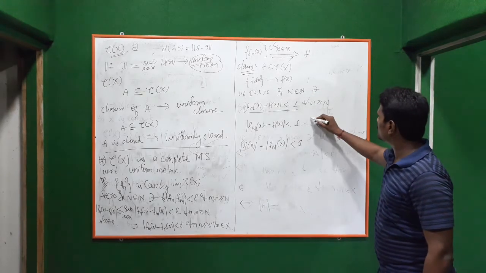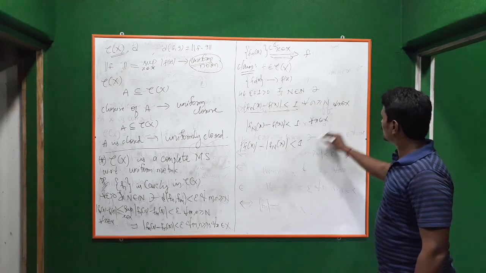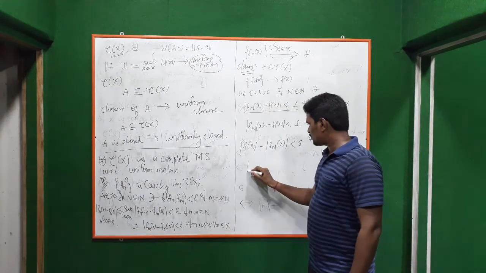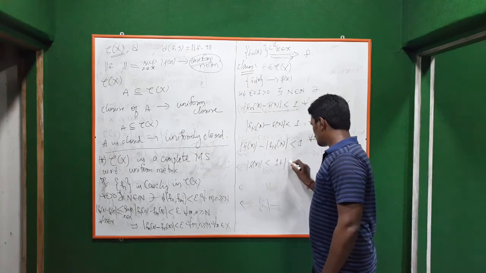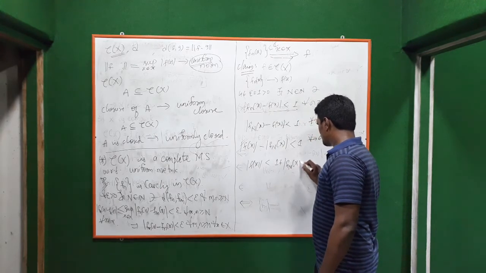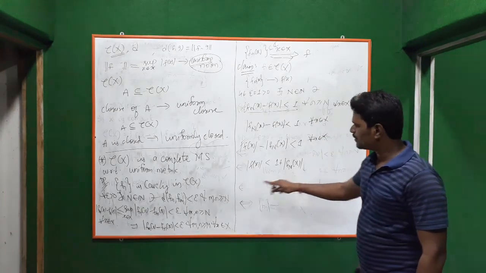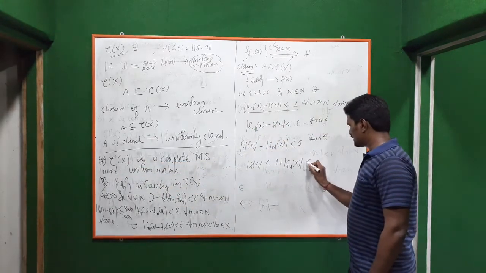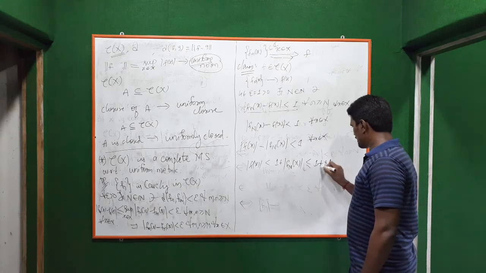This is all true for every x in X. So mod f of x is less than 1 plus mod FN of x. And these elements are inside C of x, so that is obviously bounded. So this is less than or equal to 1 plus M, if you consider M as the bound for this.